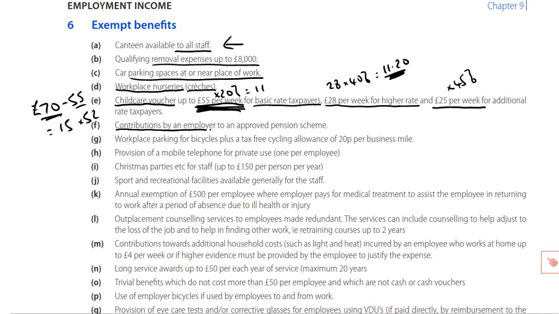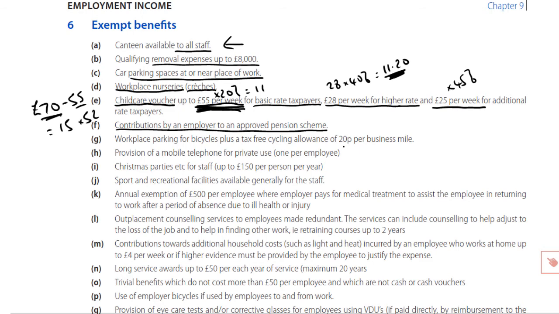Contributions by an employer to an approved pension scheme. Now, if your employer operates an occupational scheme, then they're required to make contributions. Therefore, what your employer puts into your occupational pension scheme is an exempt benefit.